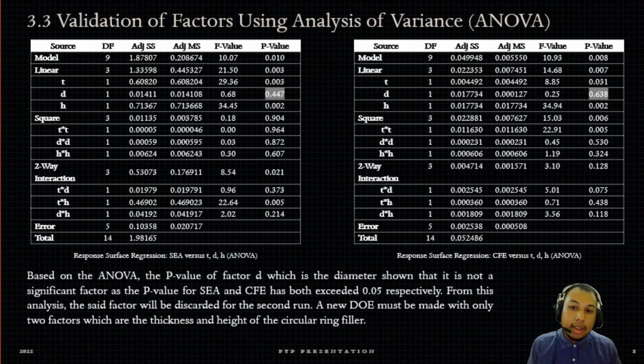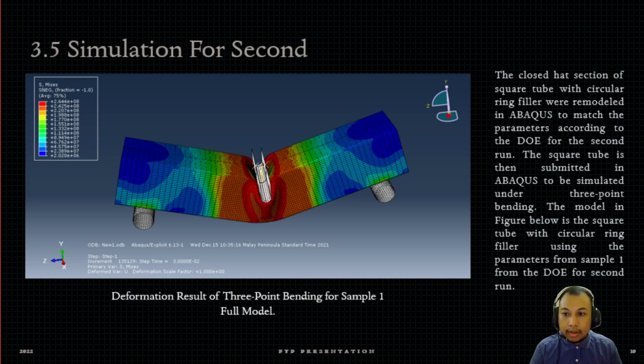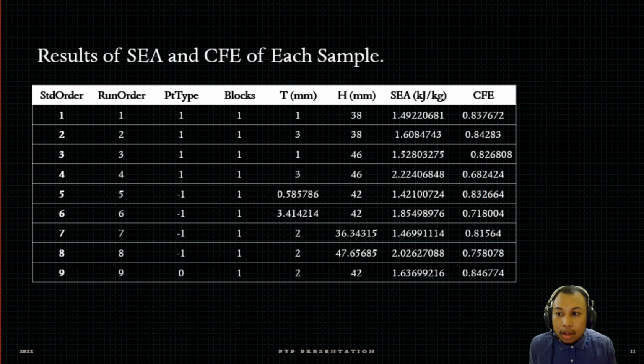while excluding the diameter factor, and here is the DOE using only thickness and height as the factor. This DOE produces only 9 samples, which will be made in Abaqus to be simulated again under 3-point bending to obtain the SEA and CFE for optimization process. This is the example of simulation for the first sample of the second run, and the SEA and CFE of each sample were obtained as seen in the table here.